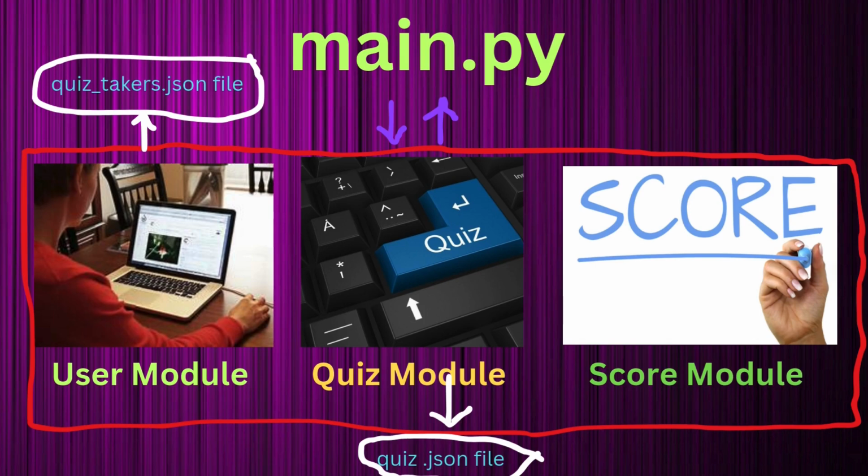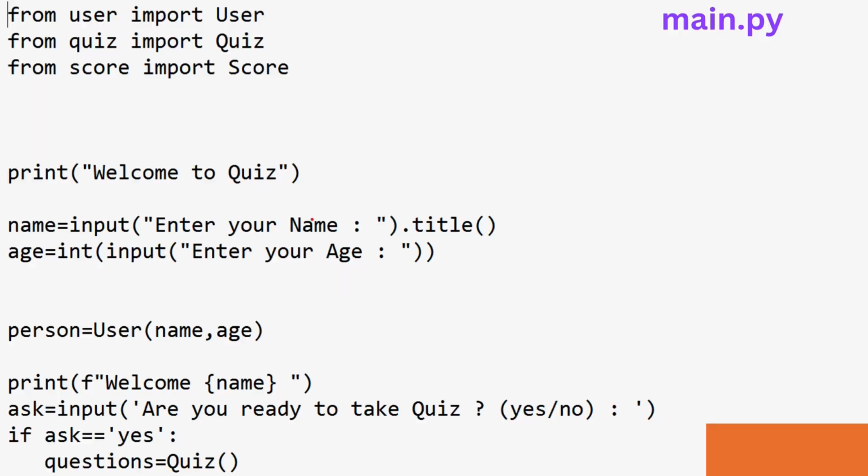Then we are asking the user whether they are ready to take the quiz. If they say no, we are just going to tell them come back when you're ready. But if they say yes, we are going to show them the quiz questions. After they have completed the quiz, we are going to show the final score with a final message like hope you had fun. So this is what is happening.